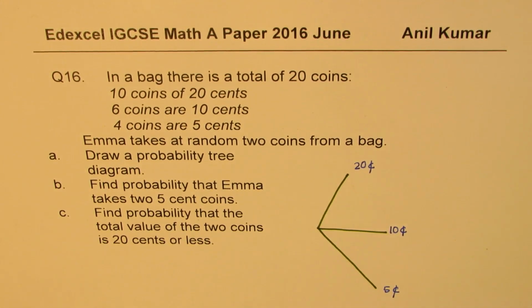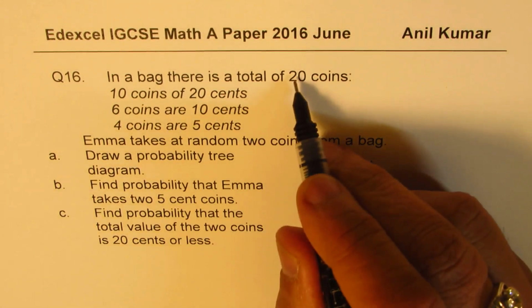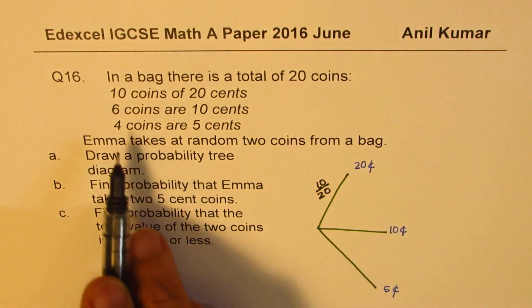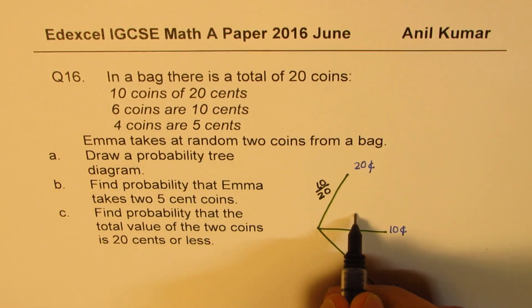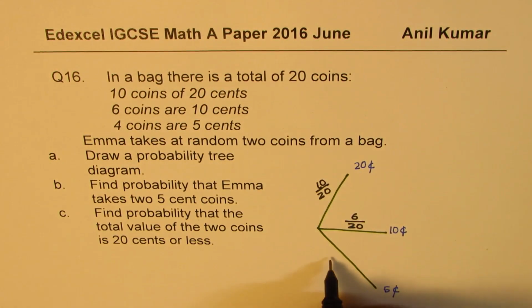Since there are 10 coins of 20 cents, the probability will be 10 out of 20. 6 coins of 10 cents means 6 out of 20, and here we have 4 coins, so it is 4 out of 20.